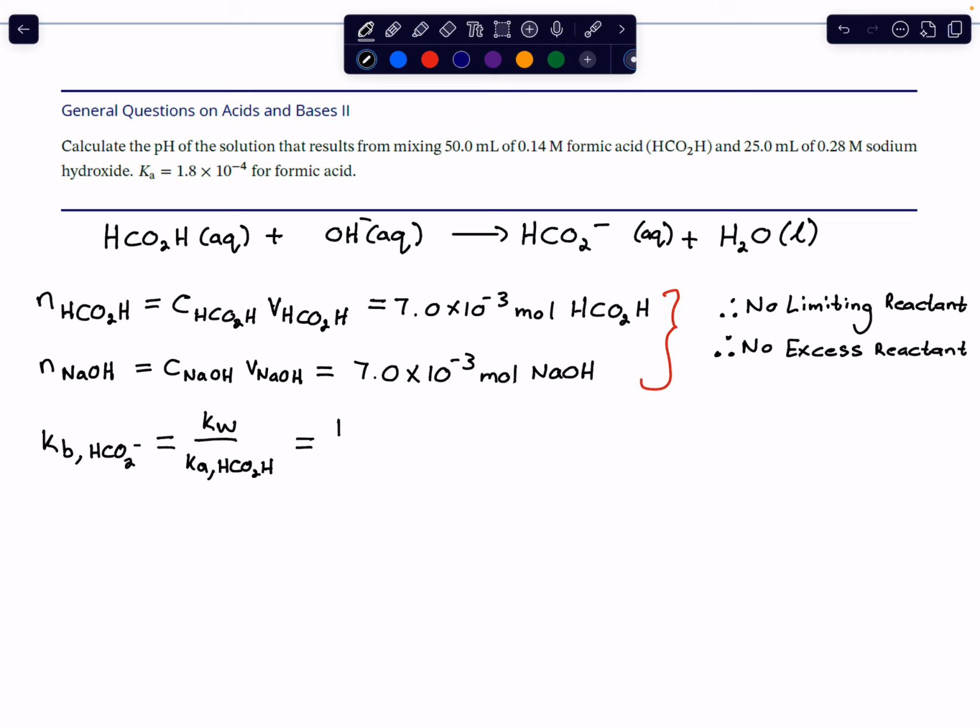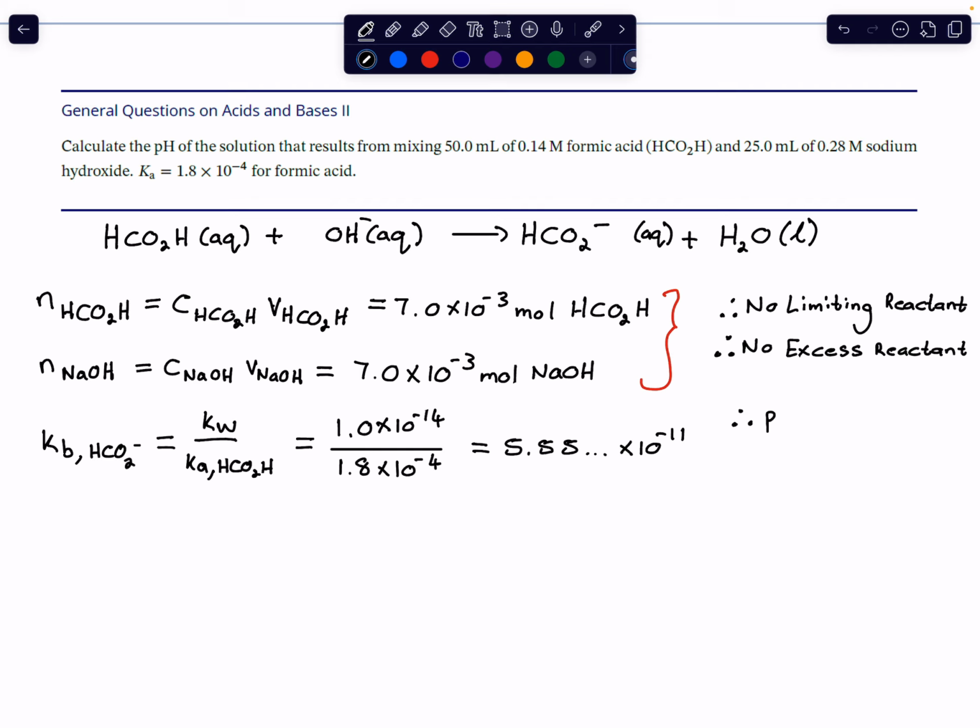So if we calculate that, 10 to the negative 14 divided by 1.8 times 10 to the negative 4, we get a value here of 5.55 times 10 to the negative 11.